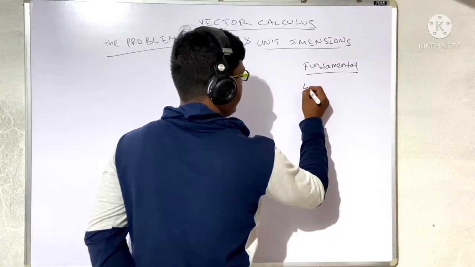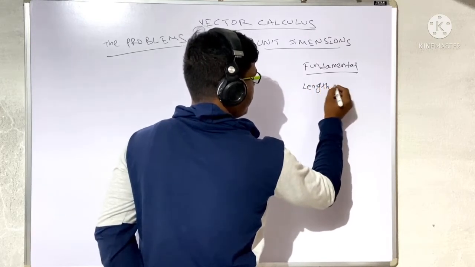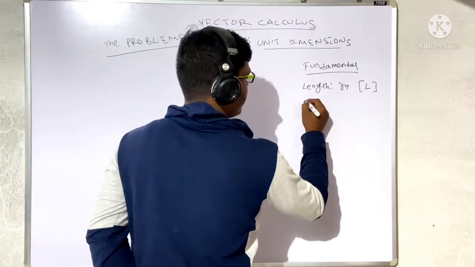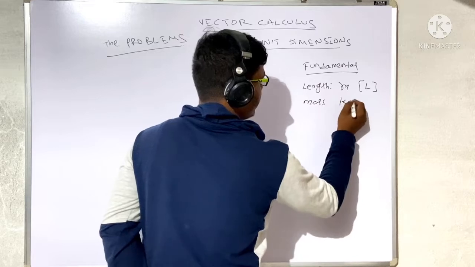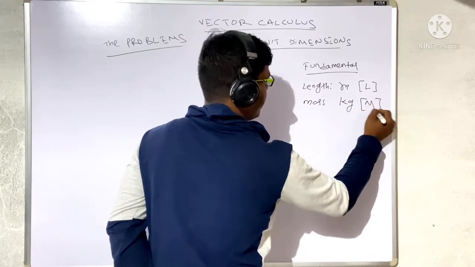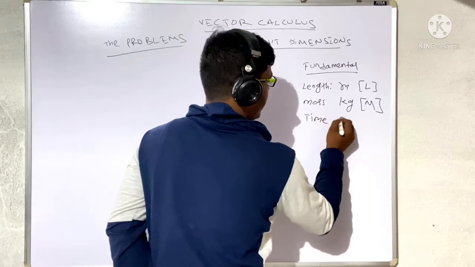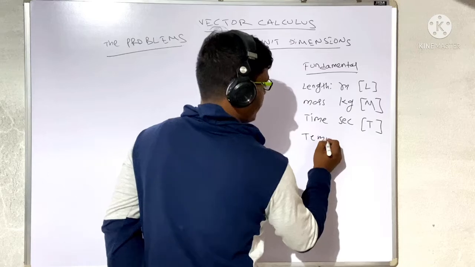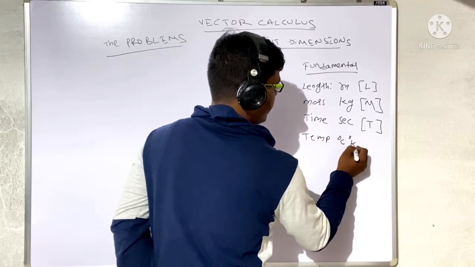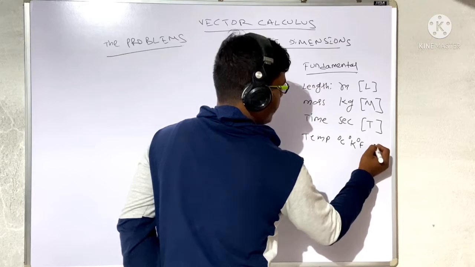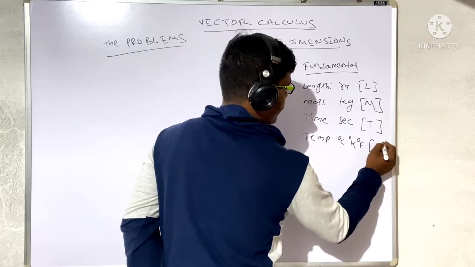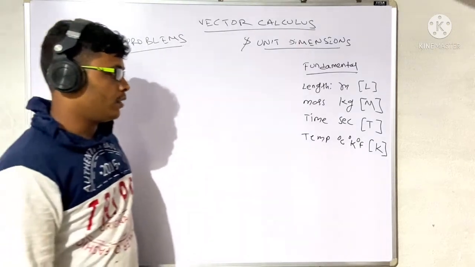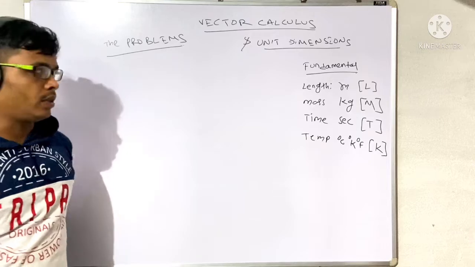That is our length, that is the meter unit, and the dimension is L. Then your mass, that we measure in kg, and the dimension is M. Then the time, that we measure in second, and the dimension is T. And then the temperature, that we measure in degree Celsius, degree Kelvin, or degree Fahrenheit, and the unit is the Kelvin. So remember, these are the fundamental units and dimensions to evaluate the other dimensions also.